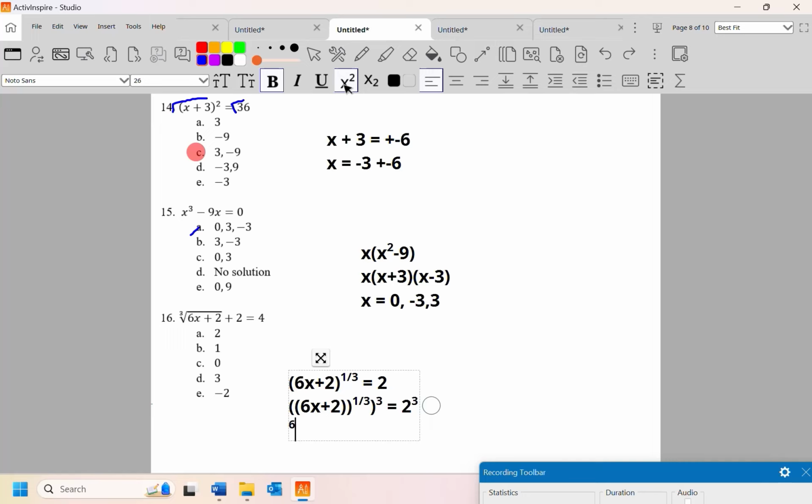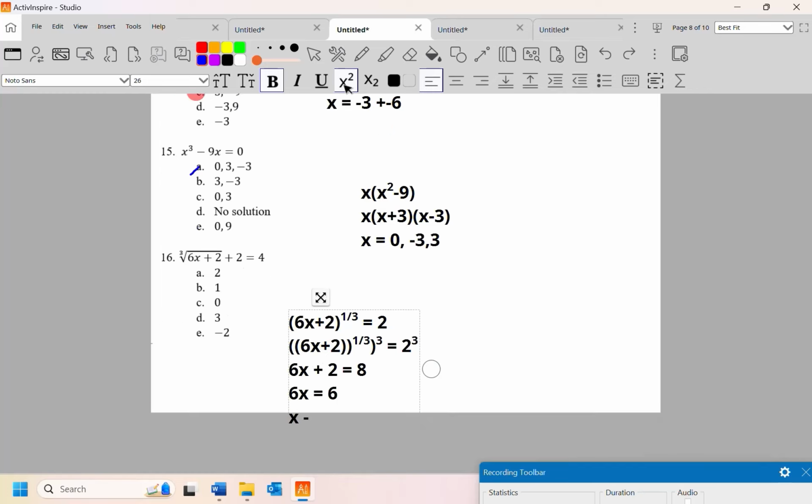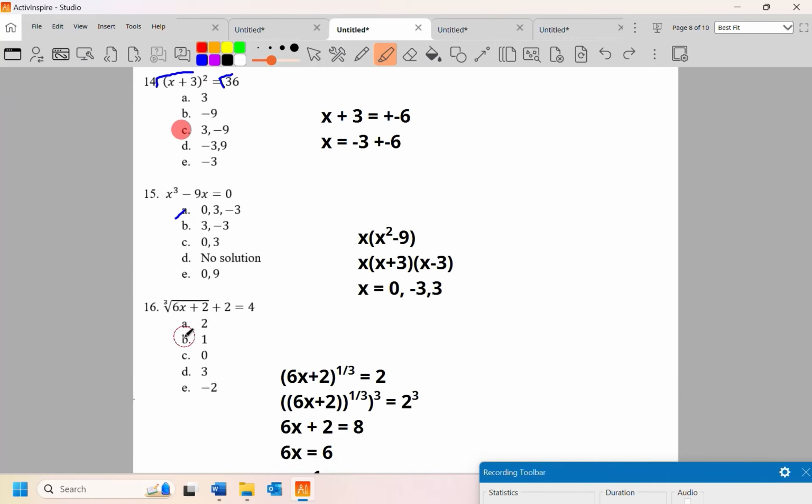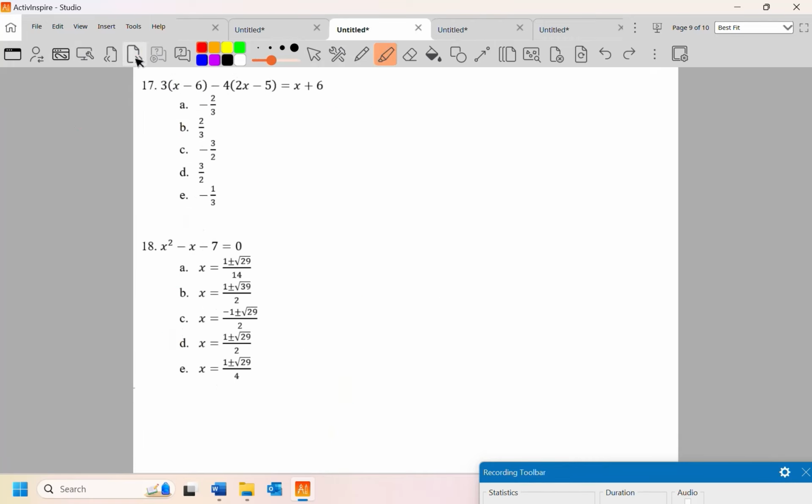And that causes, on the left-hand side, a complete cancellation, and 2 cubed is 8. We take away 2 from both sides, we get 6, and hey, all that work and x is 1. Nice. Almost done, kids.